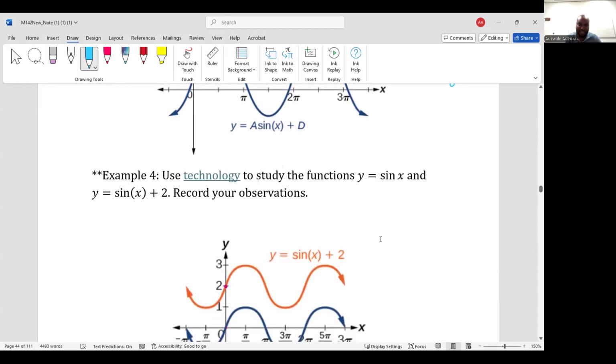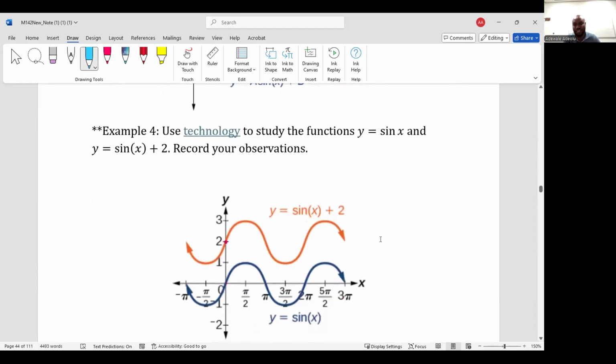You can use technology again to see this. You will see how your graph jumps up, no longer staying on the rest line, just like what you have learned from transformation of, let's say, polynomials. Like if you have something like x squared, then you have it behaving this way, right?